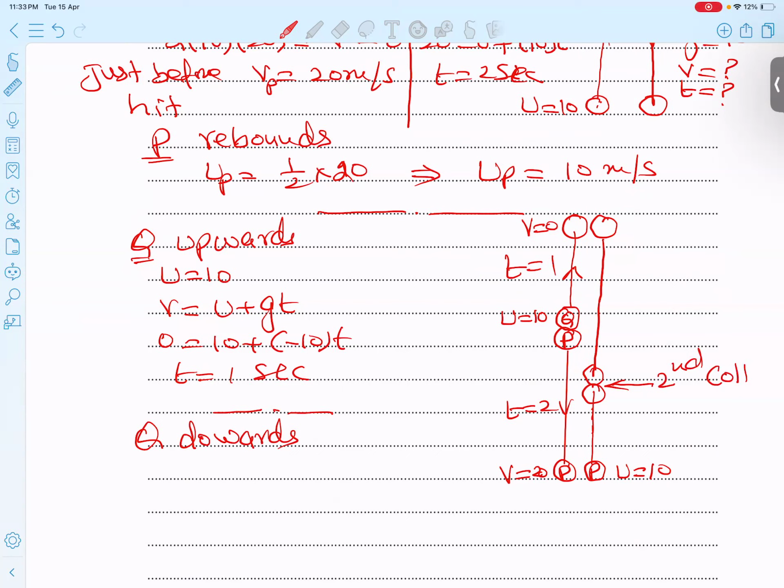Okay, the important thing is, we can't decide whether the meeting is up or down, so we have to decide that first. Now I want to find out: u becomes 0, time is 1 second, and gravity is naturally coming downward, positive 10.